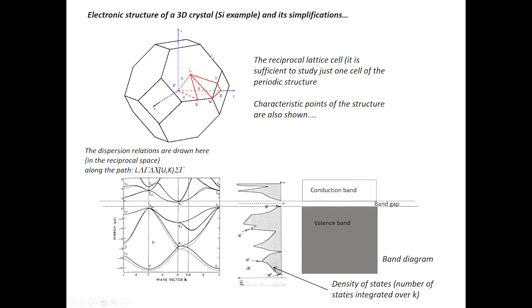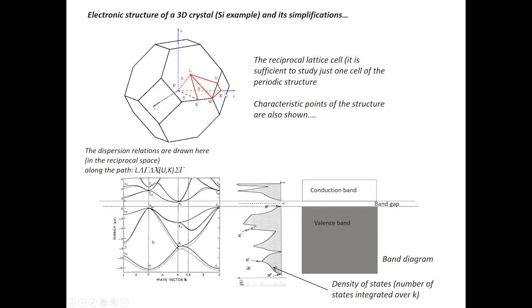So you have this reciprocal unit cell here, and you can put some characteristic points on it. You have the center of this unit cell, which we usually name gamma. We put the letter gamma for the center. And you have different characteristic points, like the center of this face or wall here, or the center of this wall here, the center of this edge, this apex here, W, and so on.